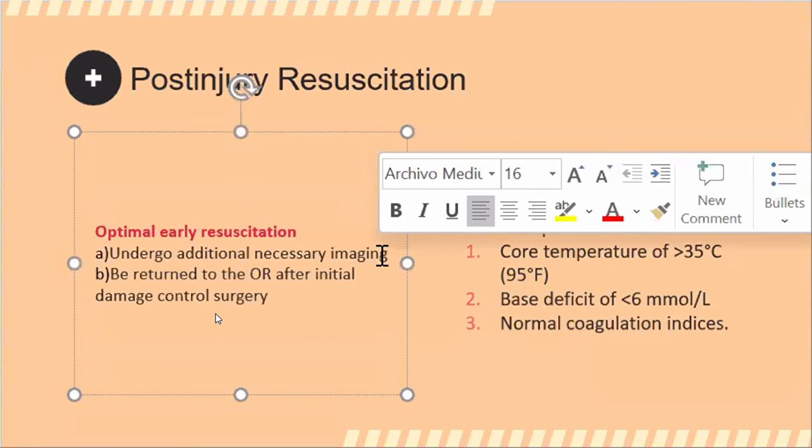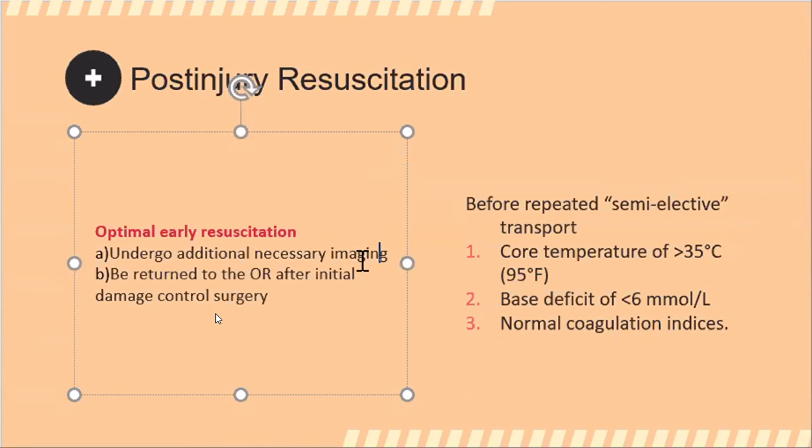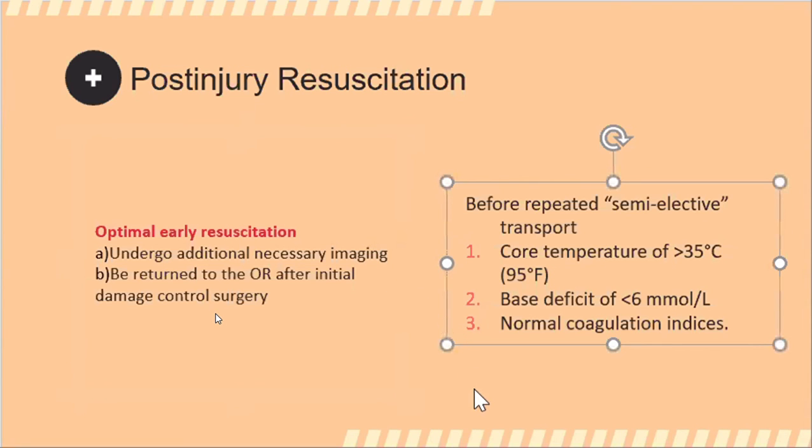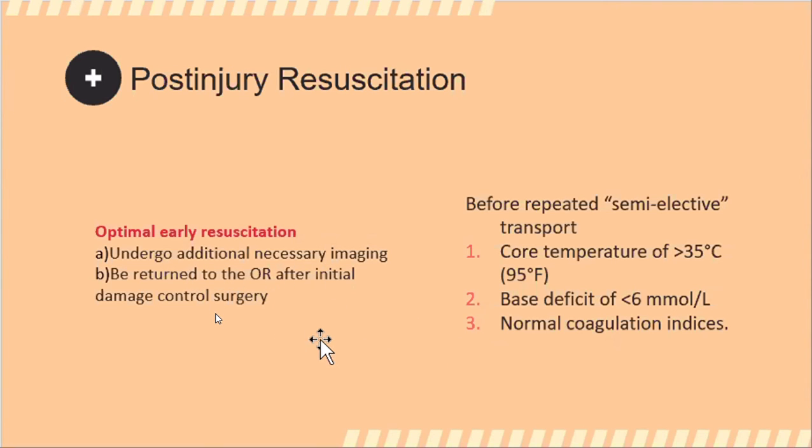Okay, so CT scan, CT angiogram, and after stabilizing, after doing your imaging, if yung ginawa nyo lang sa OR or sa ER is, like for example, yung open thoracotomy, ER thoracotomy, ino-open lang, you do manual compression of the heart, hinahanap lang yung bleeding structures, then stable na yung patient, we can return the patient to the OR after yung damage control na ginawa nyo and do definitive repair.